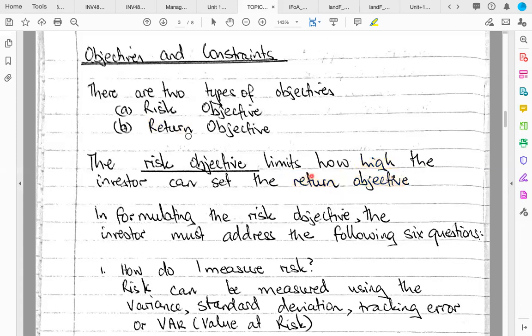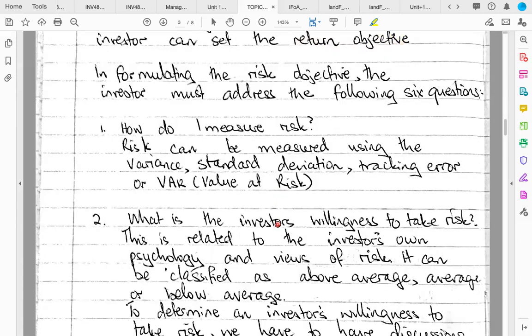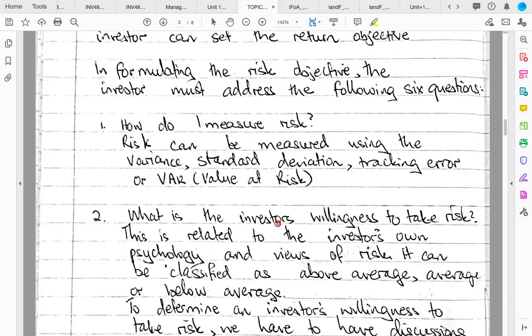So that would mean the return objective would be much lower. So before we can get to the return objective, we have to understand how much risk the investor is able and willing to take, and then the return will be based on the risk objective. So when we formulate the risk objective for an investor, we need to address some key questions.